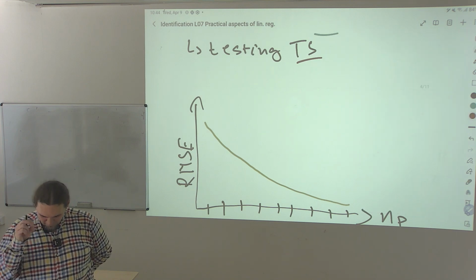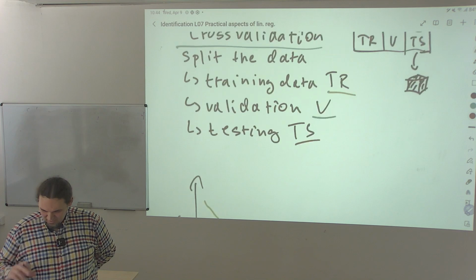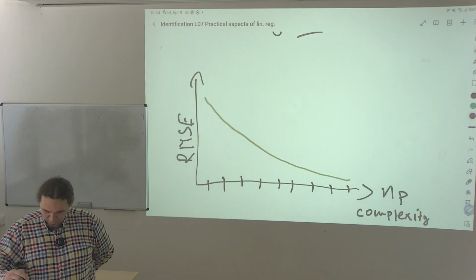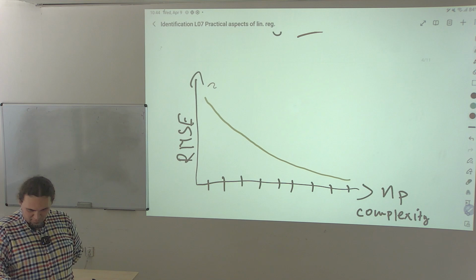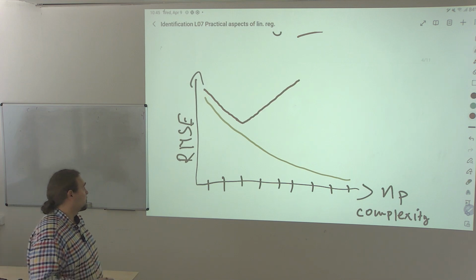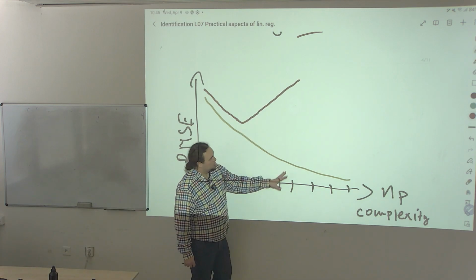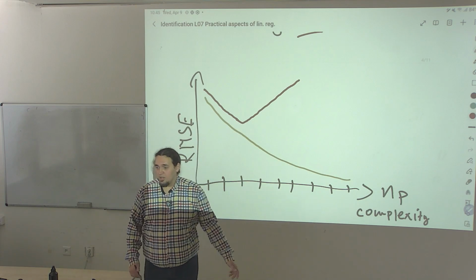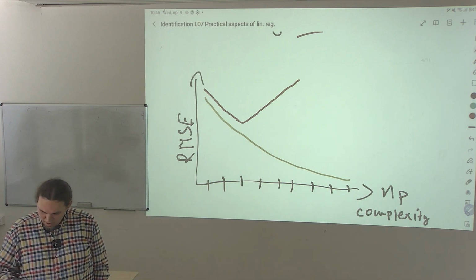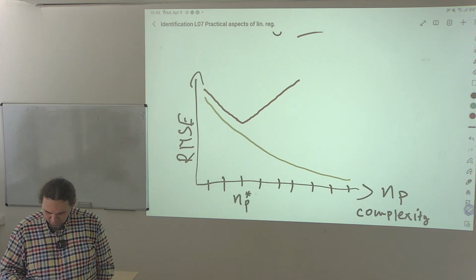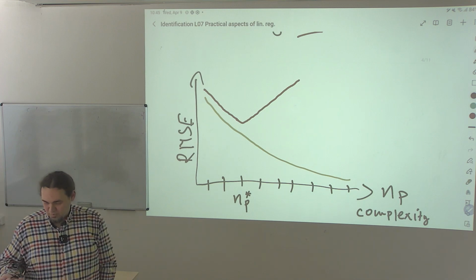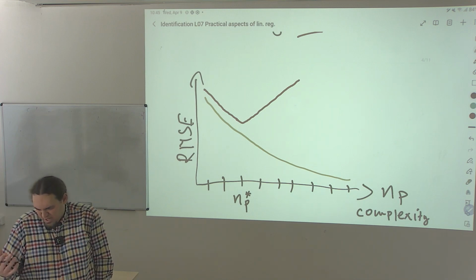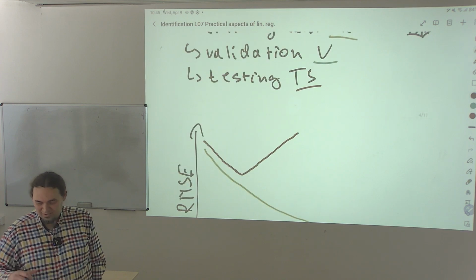If we have the testing data at hand, of course we would see a different trend. Of course the fit won't be as good, but maybe we would be able to see this badness of the octic fit or of some more complex model. So we would observe that there is some best order of the model, best complexity of the model, at this point. And basically the whole idea is that we of course don't have the testing data.